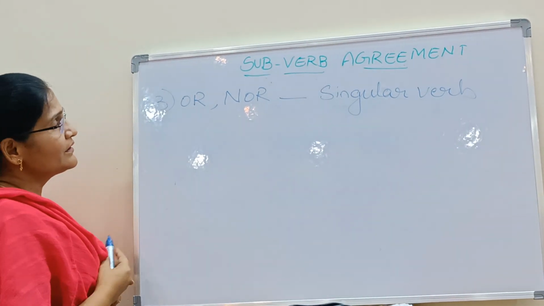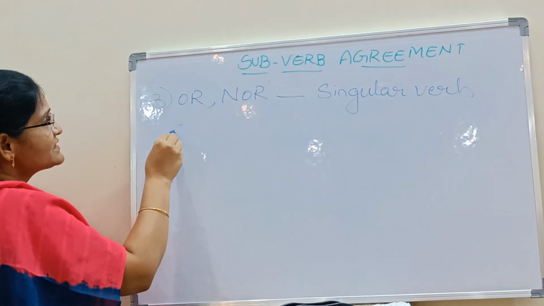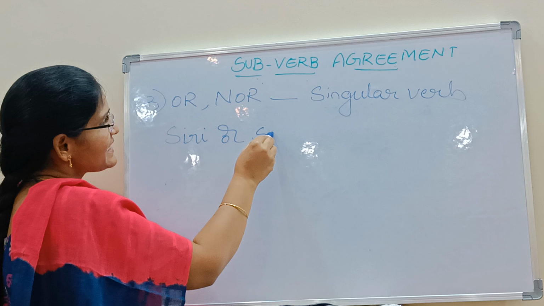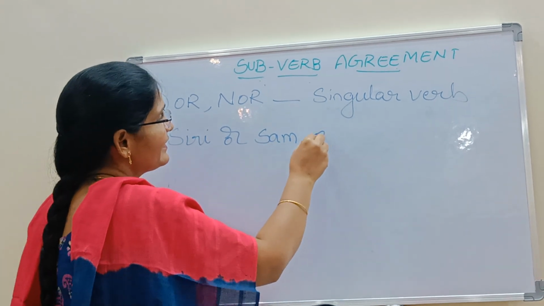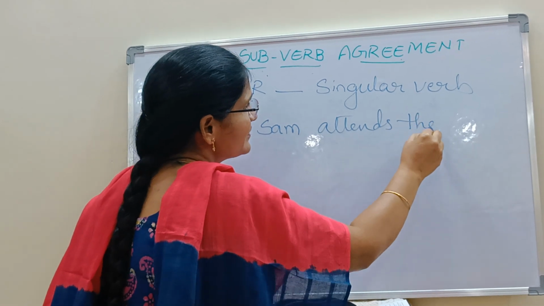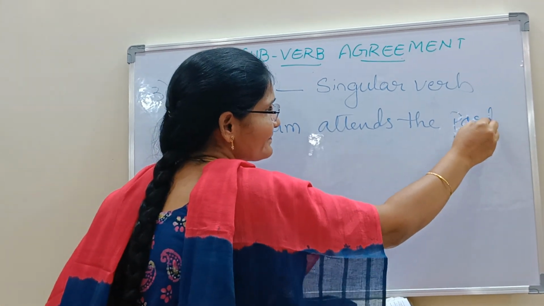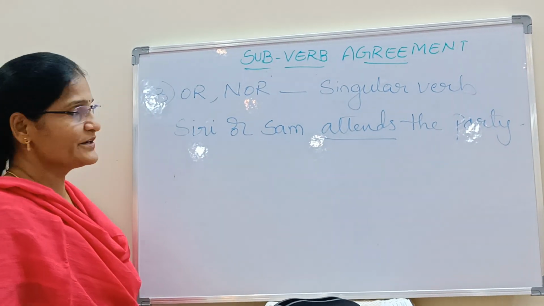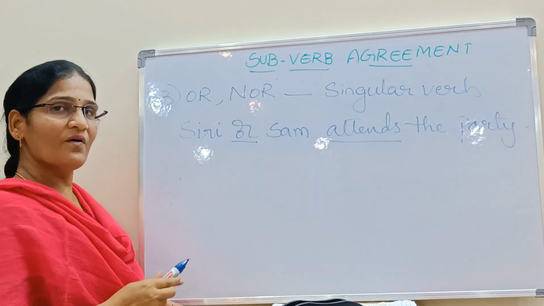I'll give here an example. Siri or Sam attends the party. Look here, "attends." Here it is singular because we are using "or."